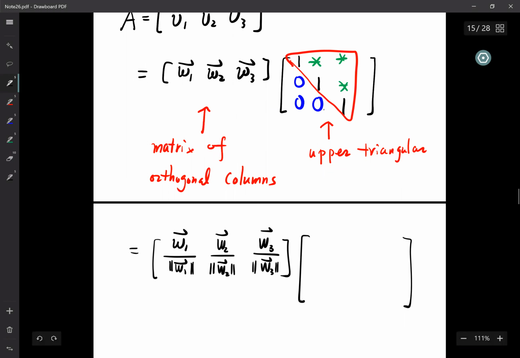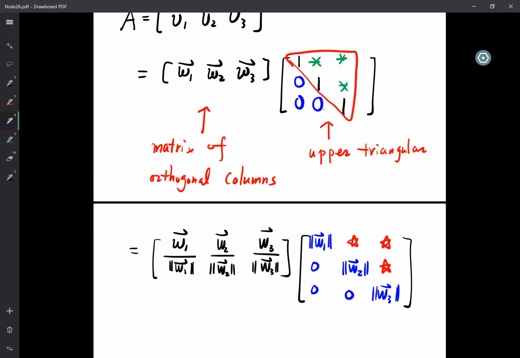To compensate, you can easily find that I can just put them on the diagonals, so that W1 cancels, and the other entries become some different stars, but again, I don't care what these are. The important thing is W2 divided by its length times its length equals W2, and similarly for W3.